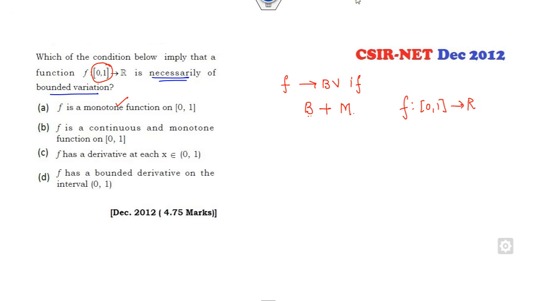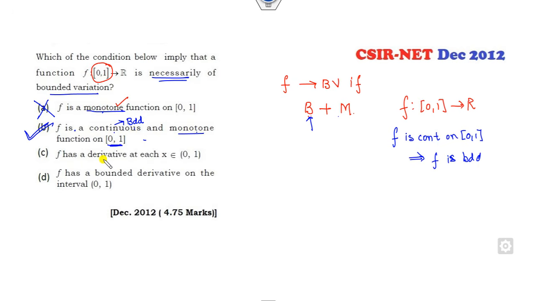Fine. f is said to be bounded if you prove f is continuous on the closed interval, because if f is continuous on the closed interval, then it is bounded. Is the continuity given? No. So if f is only monotonic, it is a wrong answer. You have to prove it's bounded as well. So the first option is cancelled. If f is continuous and monotonic, since it is a closed interval, continuous implies bounded. So bounded plus monotonic implies bounded variation.